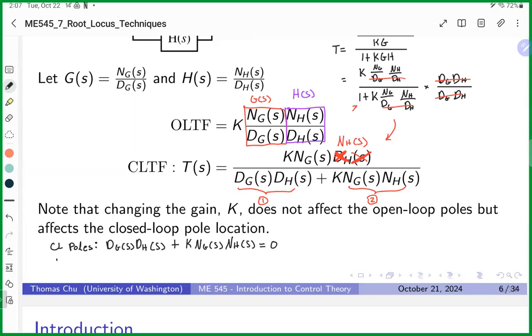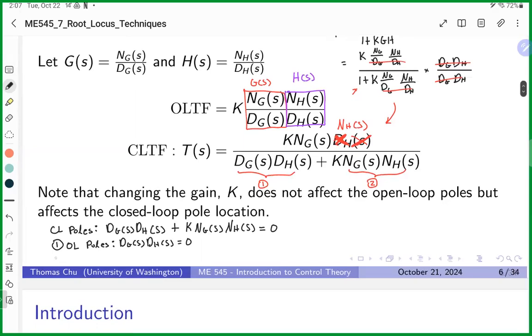And then if we look at 1 here, this is our open loop poles, where dg of s times dh of s is equal to 0. And our open loop zeros occur when ng of s multiplied by nh of s is equal to 0.